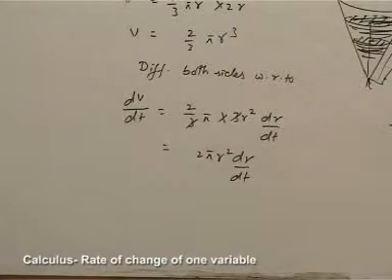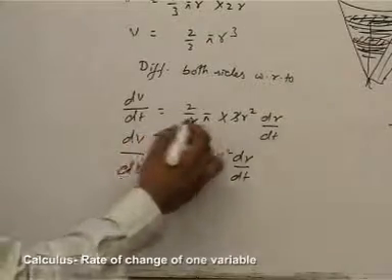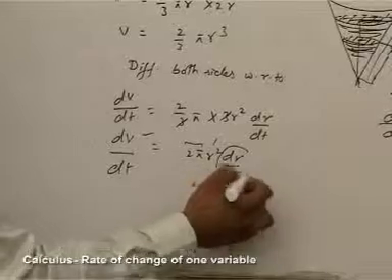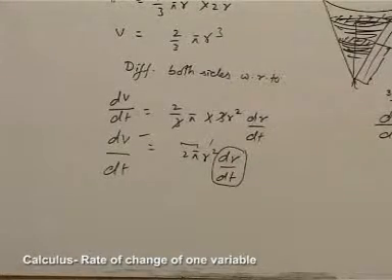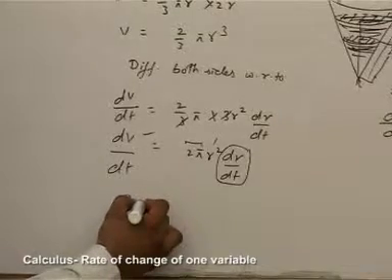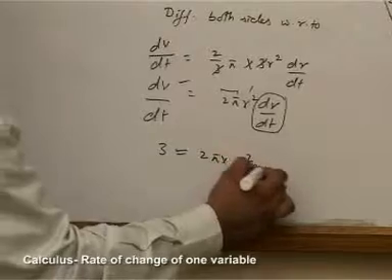So now dv by dt we are given. Now all the things we are given, this value we are given, radius we are given, so we can easily calculate the value of dr by dt. dv by dt we are given as 3 centimeter cube per minute. So 3 equals 2 pi, r is 4 squared, dr by dt.